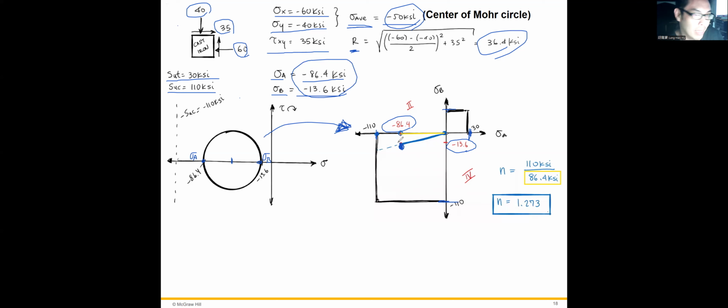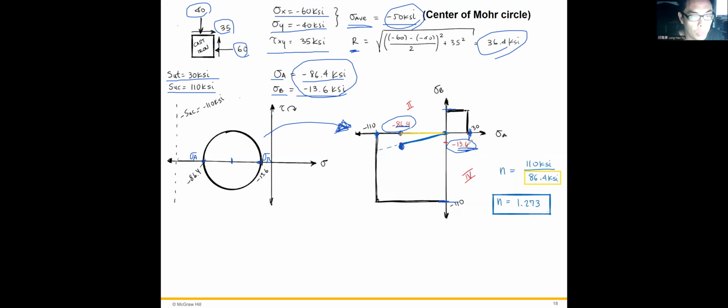And what's its safety factor? From the maximum normal stress criteria, which absolute value of the principal stress is higher? Compressive, right? 86 is much higher than 13 something.